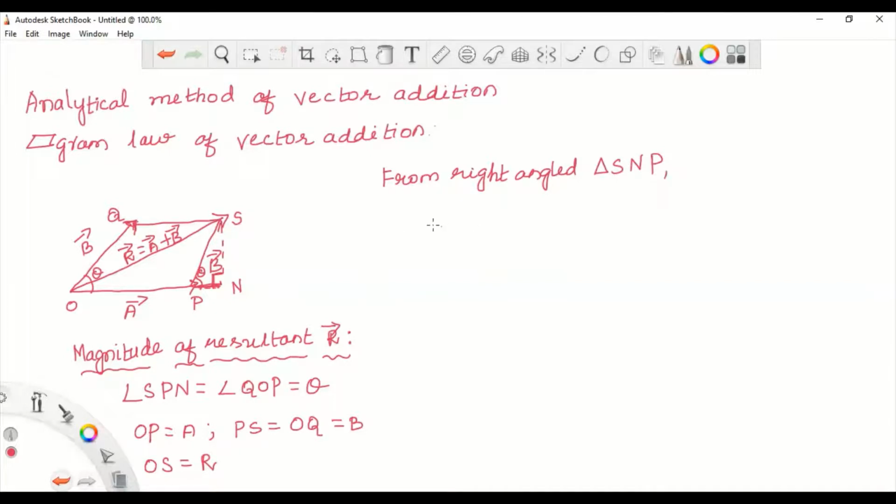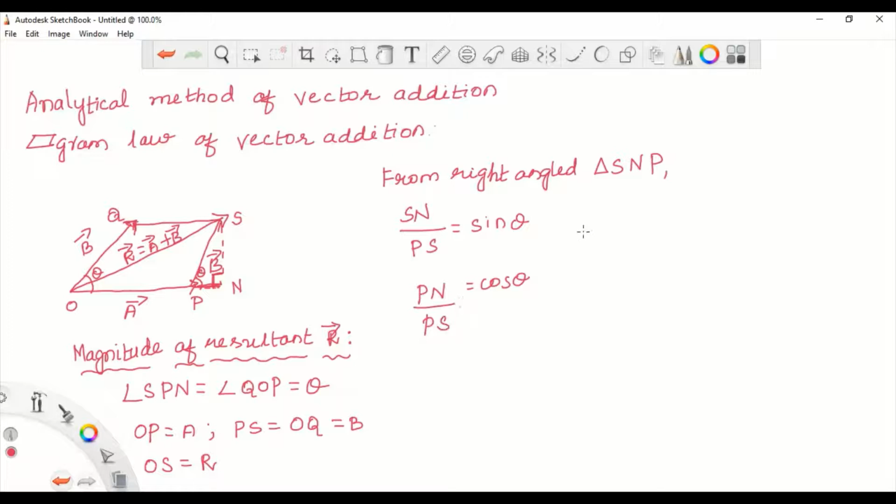First, we have to find sine theta and cos theta. Sine theta is equal to SN divided by PS, and cos theta is equal to PN divided by PS.